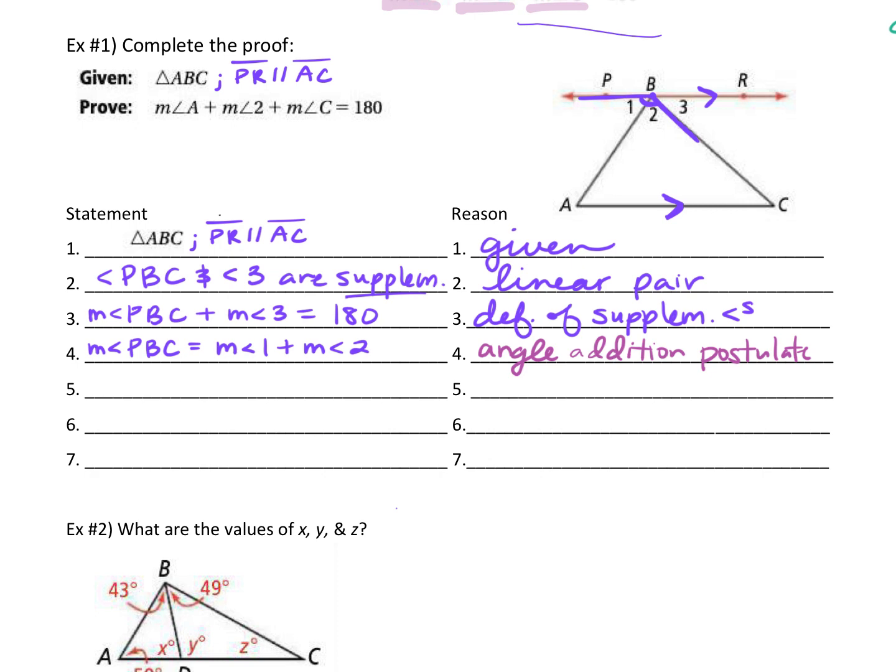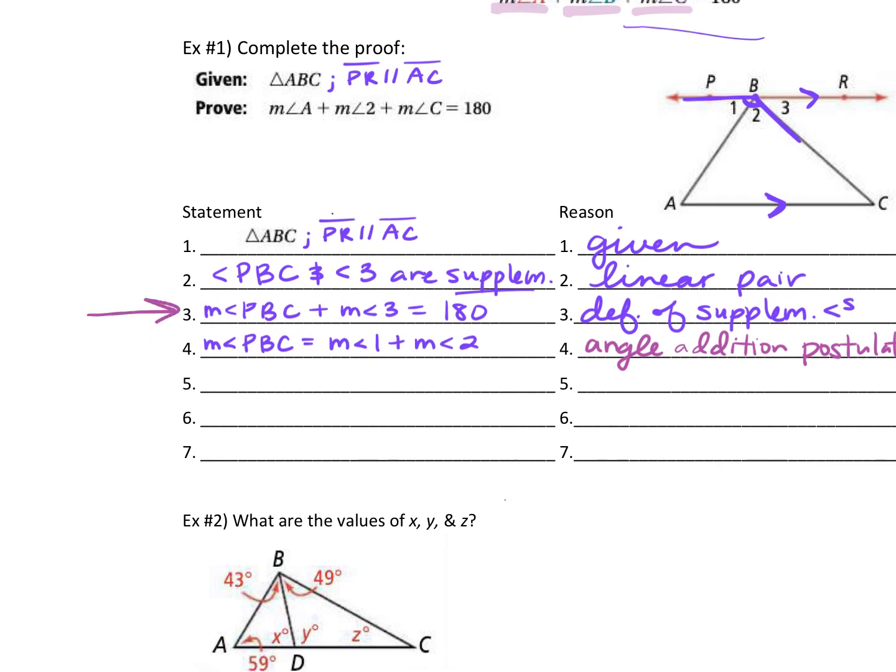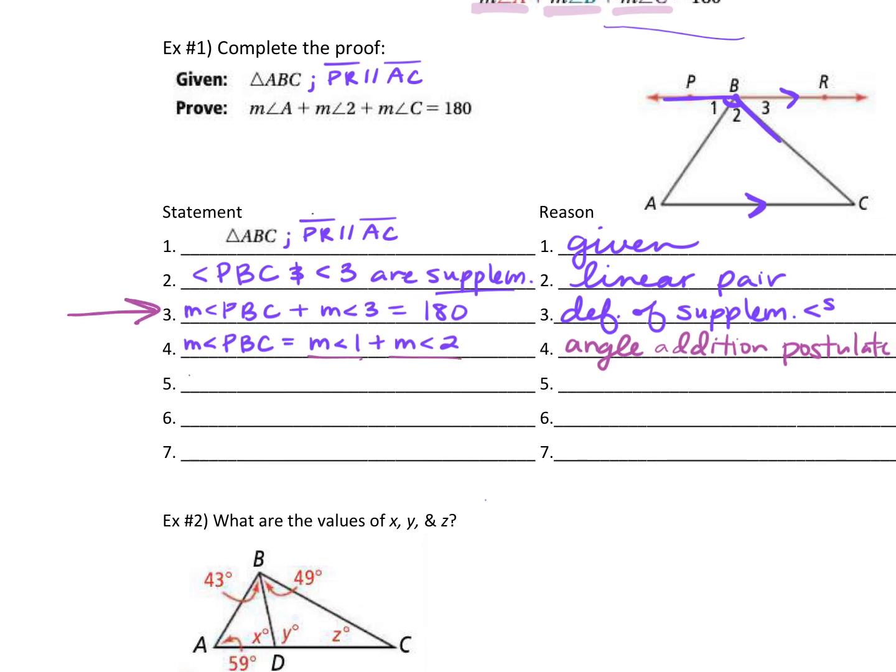Now, go back to this step. I said PBC plus 3 equals 180. Well, now I know what PBC is. PBC is 1 plus 2. So I can say the measure of angle 1 plus the measure of angle 2 plus the measure of angle 3 equals 180.